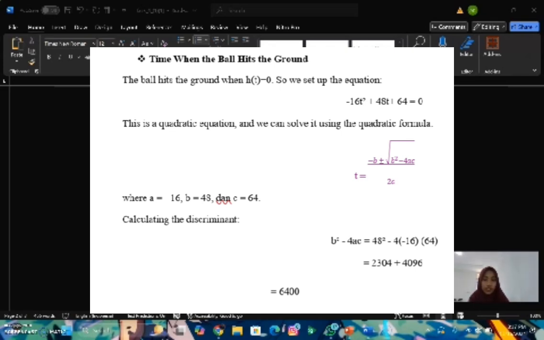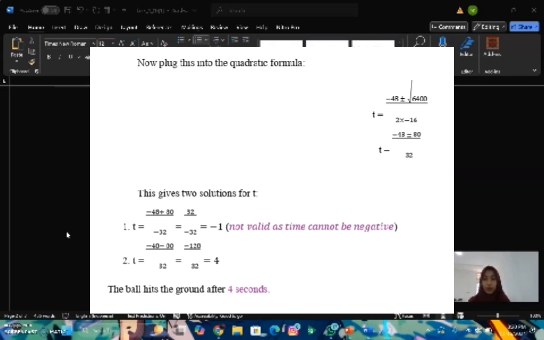So, 48 squared minus 4 times -16 times 64. 48 squared is 2304 and -4 times -16 times 64 is 4096. So 2304 plus 4096 is 6400.